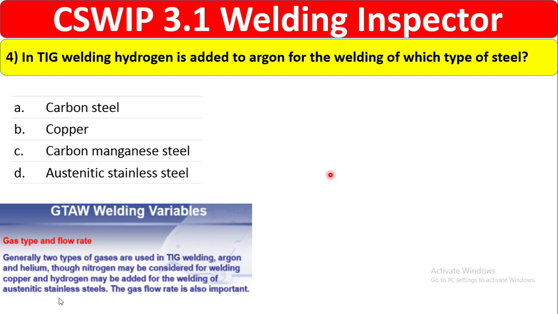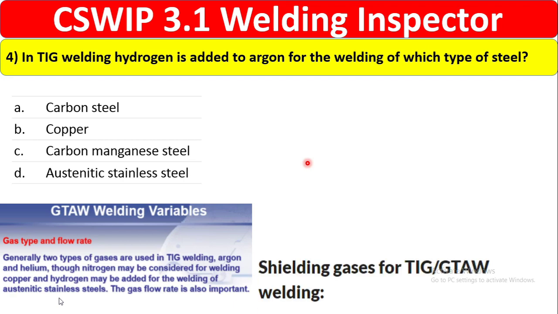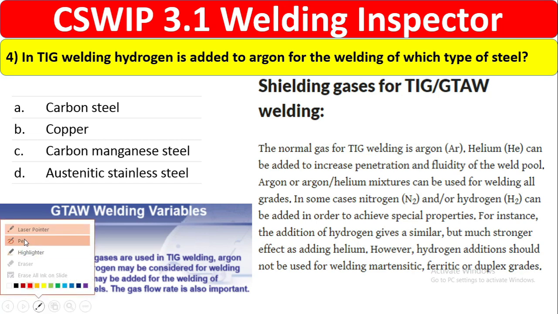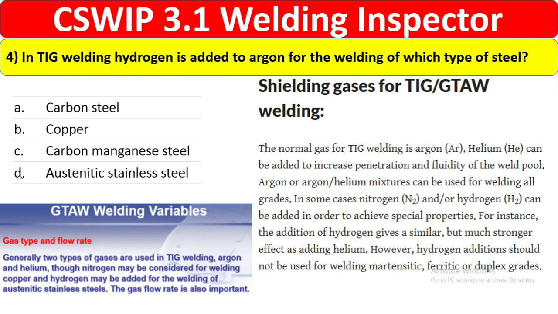That is important to know. The gas flow rate is also important. You see here the shielding gases for GTAW welding. So the answer is austenitic stainless steel, hydrogen added with the argon. The correct answer is option D, austenitic stainless steel.